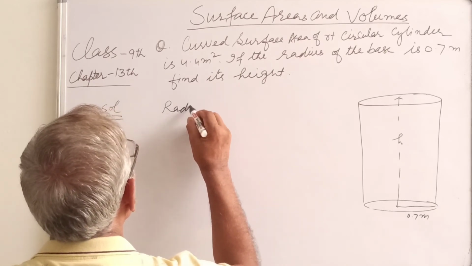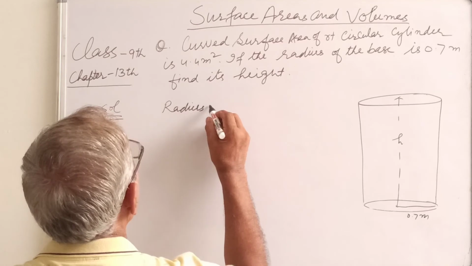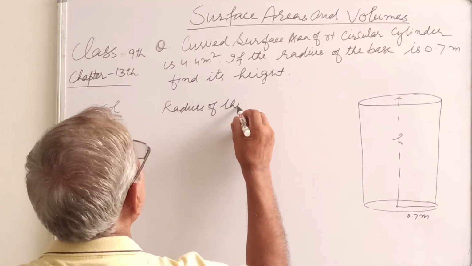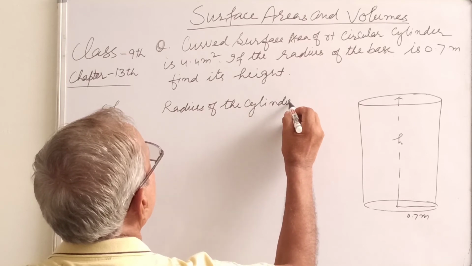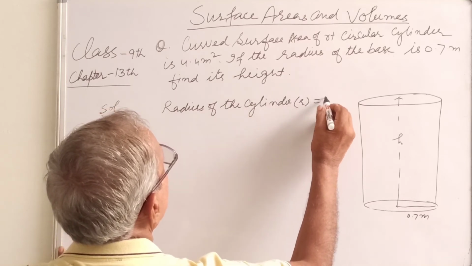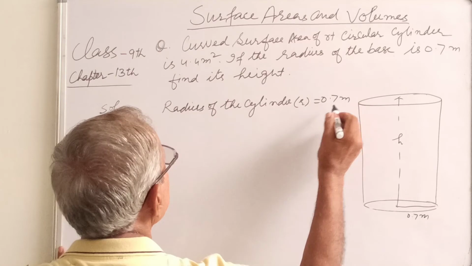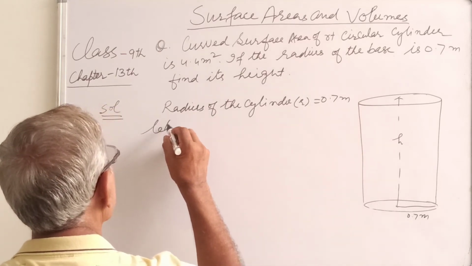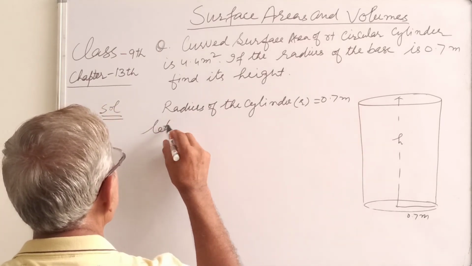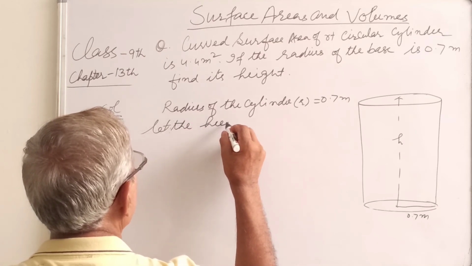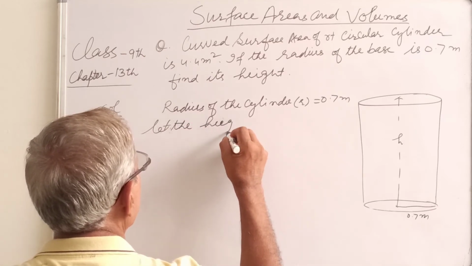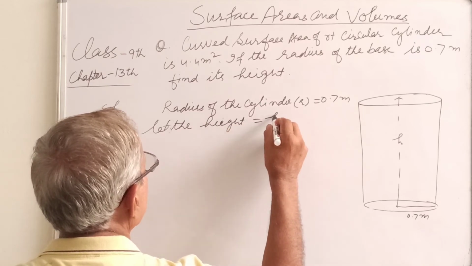Radius of the cylinder is 0.7 meter. Let the height be h.